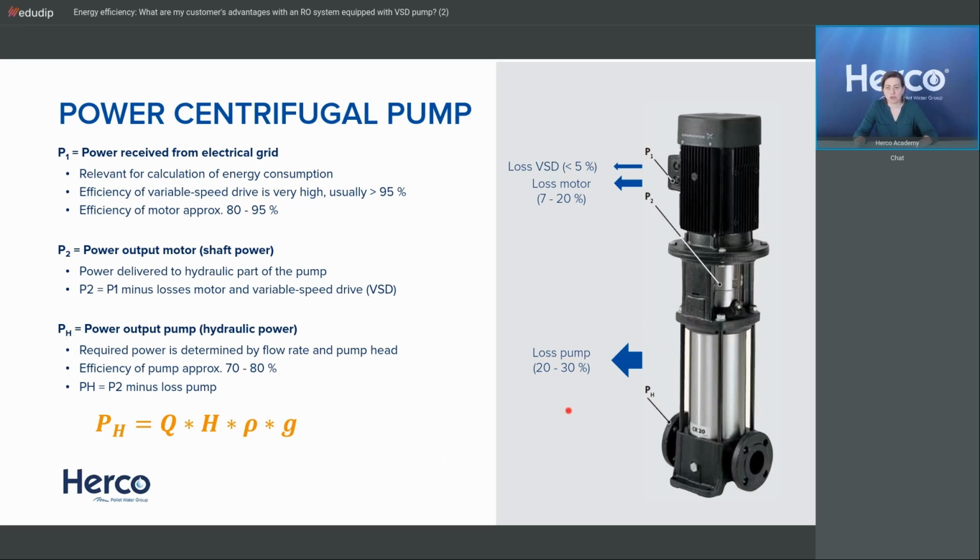We have a certain loss for the pump. This is usually the highest of the losses, about 20 to 30%. It depends a bit on which point of the pump curve we are operating at as well. We'll come to the pump curve on the next slide. What's important for you to remember is P1 is the relevant power rating that we use for energy consumption calculations. And this includes all the losses, also the losses of the variable speed drive.